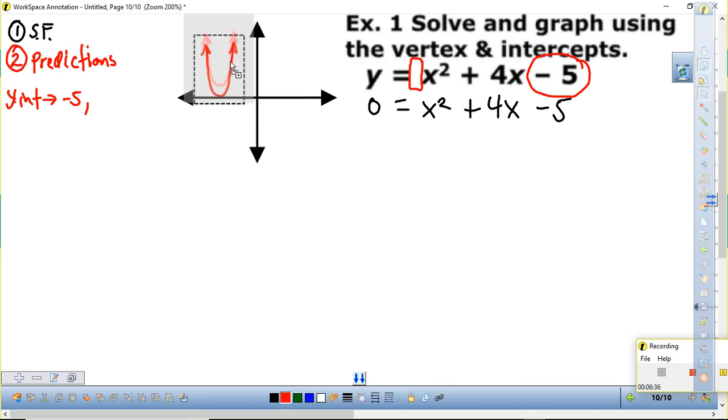However, didn't we get some for homework that could not be factored or that cannot be solved? Well, guess what? Since this does not have x-intercepts, that's why you cannot solve some of the quadratic equations, because it's going to be graphed and it's going to be floating in one of the quadrants. So what are the possible solutions? 0 intercepts, 1 intercept, or 2 intercepts.